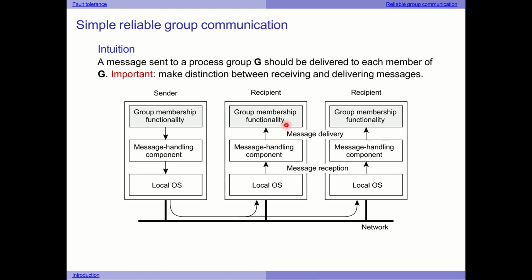So this is the difference between receive and deliver. To receive, the message handling component receives a message from the sender, and delivery means the message handling component sends the message to the group membership functionalities.